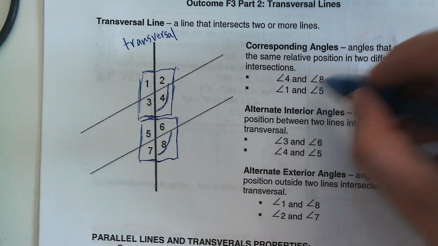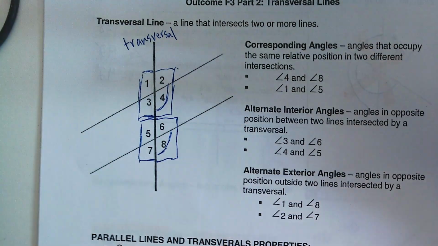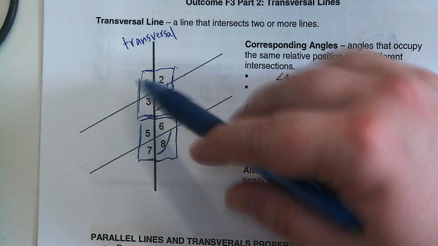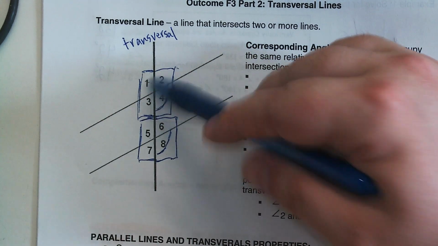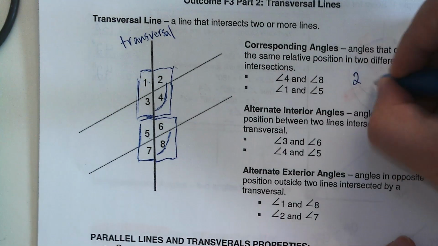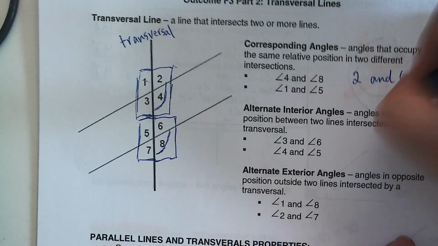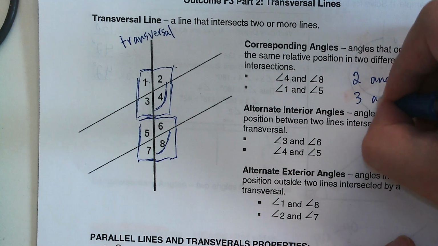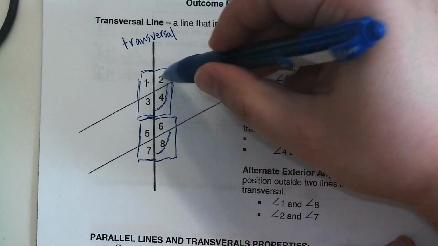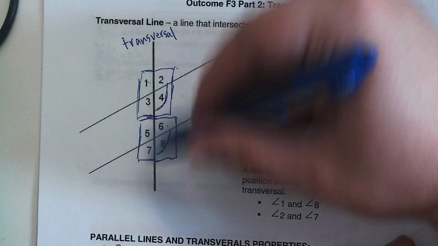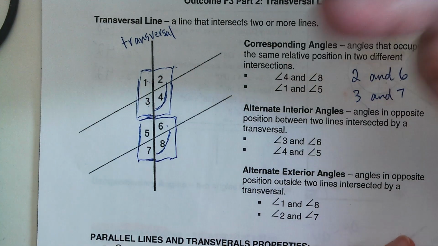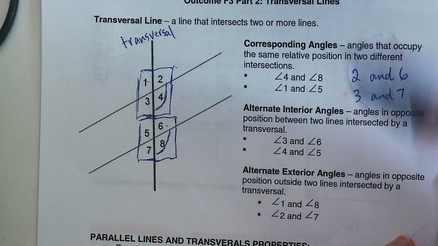So angle 4 and angle 8 are called corresponding angles. Same thing with 1 and 5, they're both in the top left. Same with 2 and 6, they are in the top right, and 3 and 7 are both in the bottom left. So those are all corresponding angles.